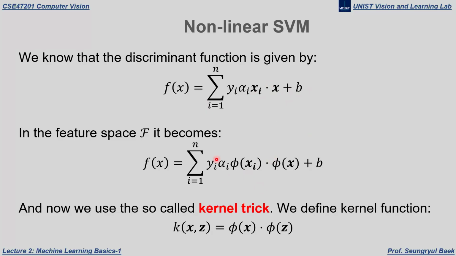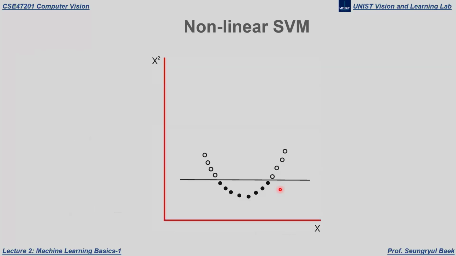So somehow we want to transform the training data and also the testing data, to have the opportunity to classify the non-linearly separable case, to see them in a different feature space, a different nonlinear feature space, and see if they can be classified with a straight line.